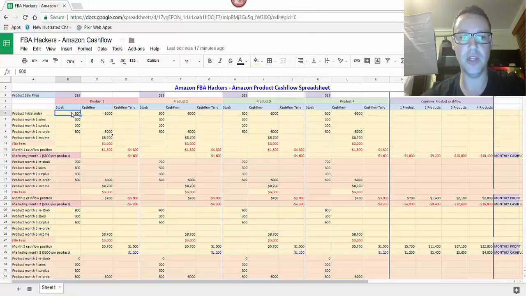So that's essentially what these 4 rows here are. If I go through this, you start with 500, you sell 300, and you've got 200 left. At that point, you reorder another 500. When you get to the start of month 2 down here, your stock level is actually 700, because you've got the 500 that you reordered when it arrives, and the surplus of 200.